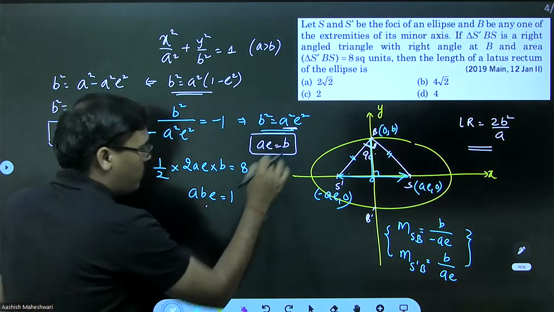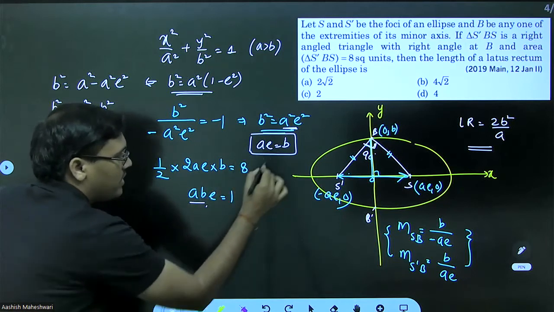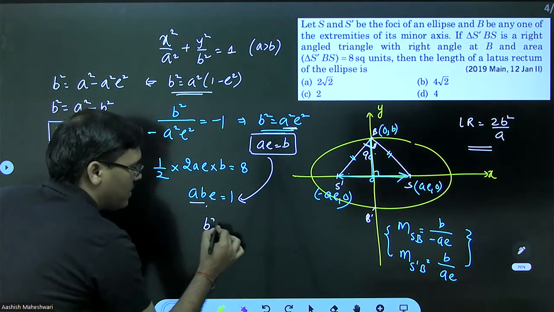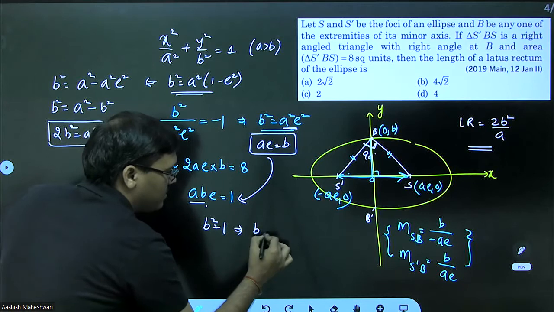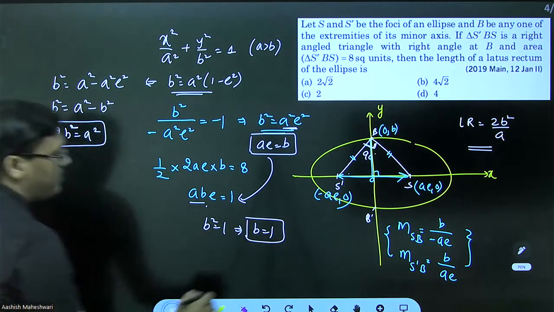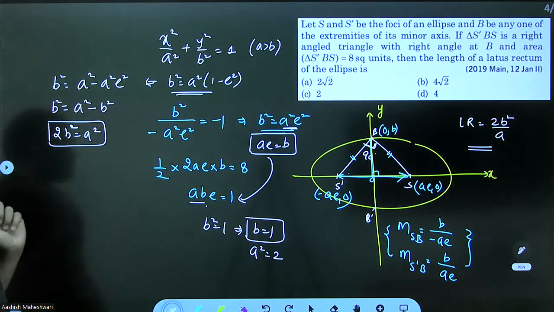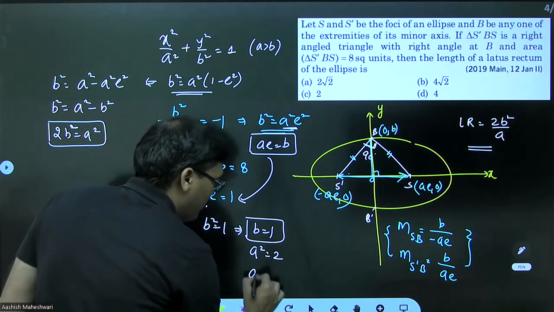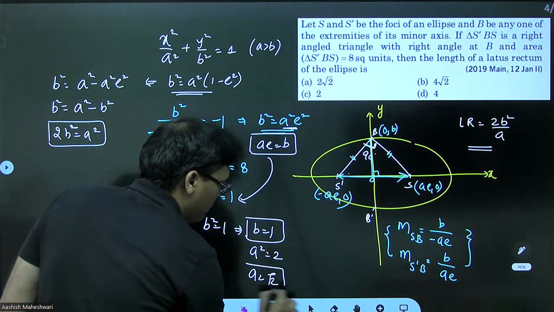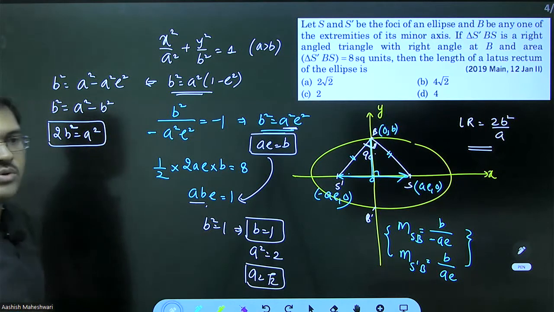If AE is equal to B, you can clearly see here, if I put this, this will become B square is equal to 1. So you will have B is equal to 1. If B is equal to 1, what is the value of A? A square is equal to 2, right? So what is the value of A? A is equal to root 2. You can check the calculation. B is equal to 1, A is equal to root 2, right?